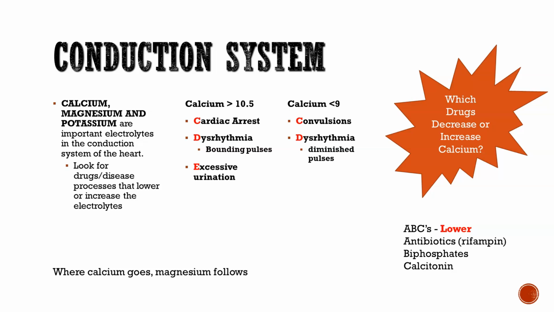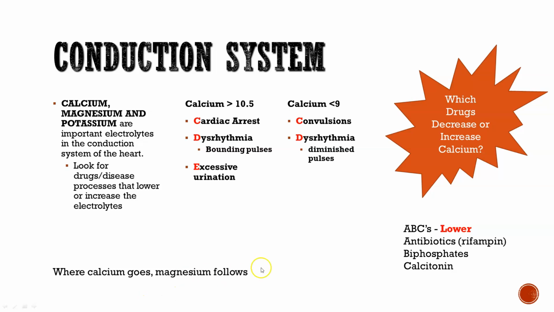If you go and you feel diminished pulses on somebody who does not have PAD, you need further assessment. We know that cardiac arrest is a potential because of the electrolyte imbalances. And then you're going to try to get rid of it through excessive urination. That's more of a fluid and electrolytes question, not a cardiovascular question.